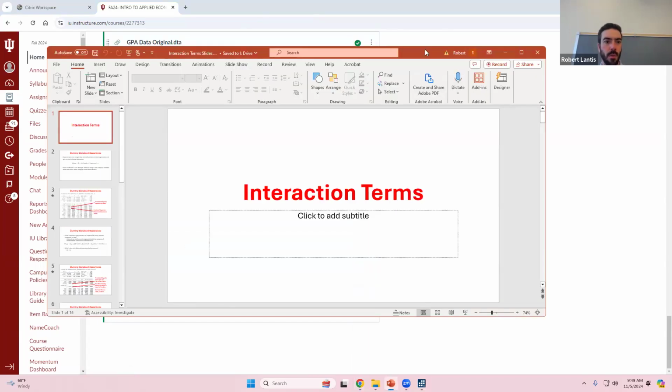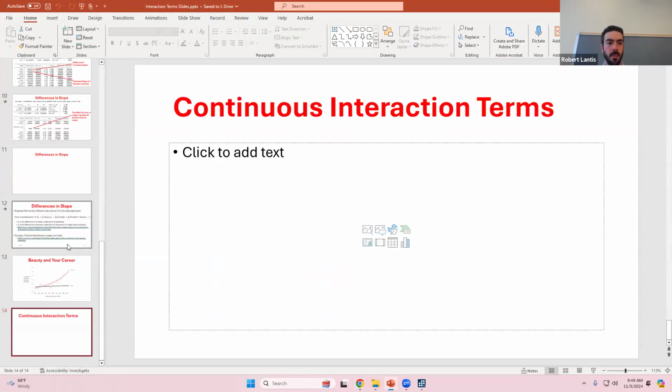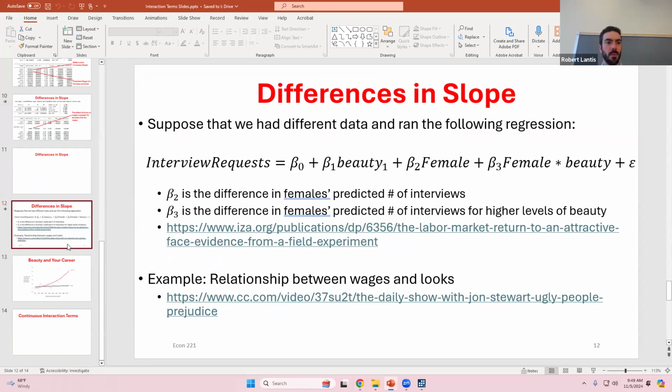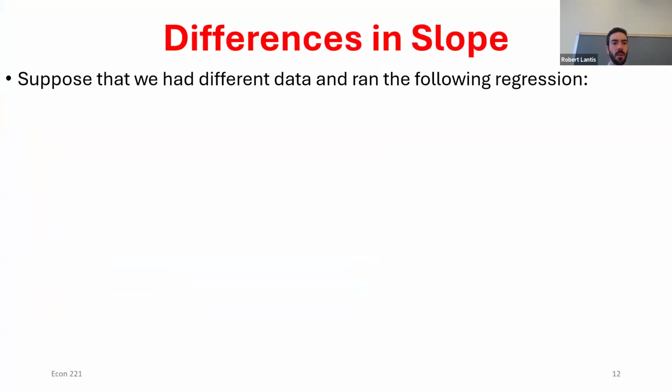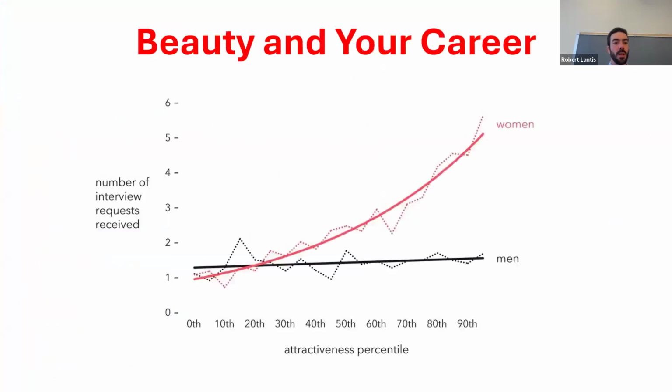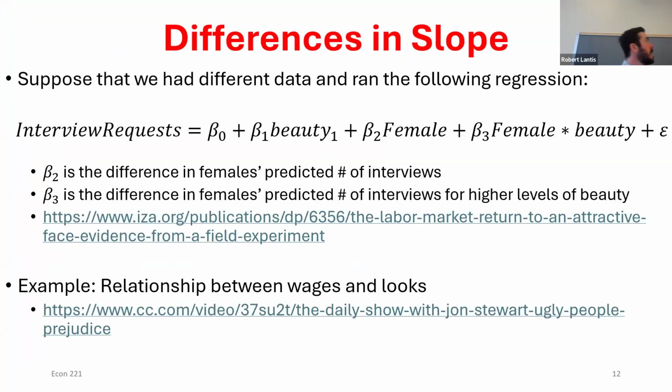So if I remember correctly, we left off thinking about these differences in slope. I don't think I hammered this too much, but we can start to identify differences in the effect of something on different groups.